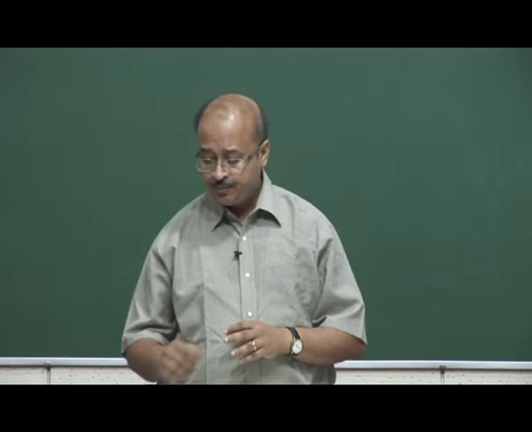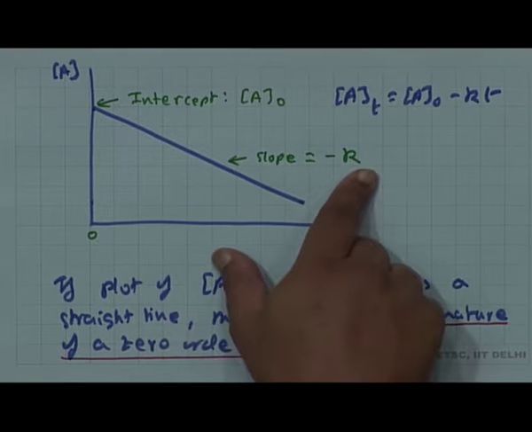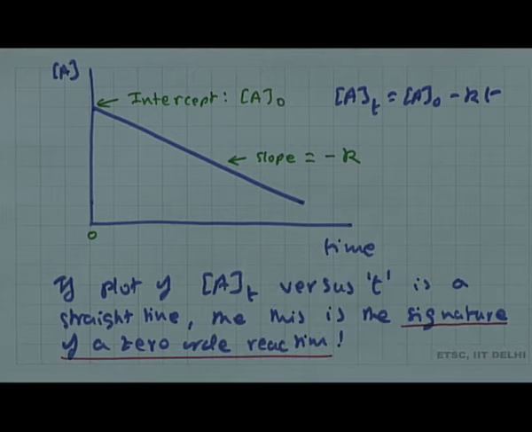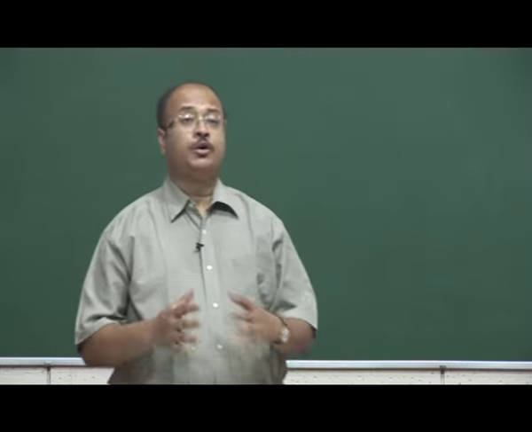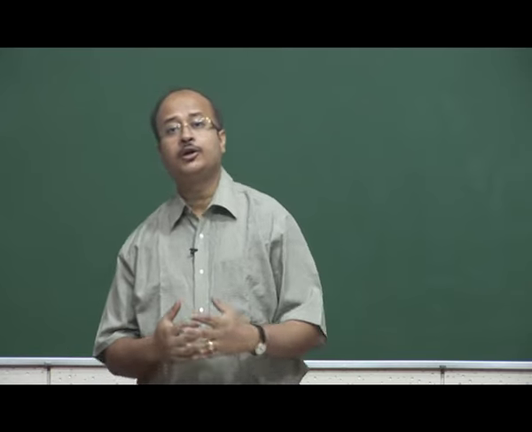And as I said again, the slope being negative is equal to minus k, and hence you get k, which is a positive value, the rate constant. Okay. So, that was about the integrated rate expression and the plot.